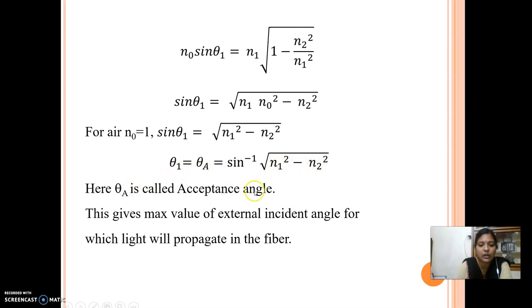So where theta A is called acceptance angle here. So numerical aperture is equal to sine of acceptance angle is equal to root of n1 square minus n2 square. This is the relation between the acceptance angle and numerical aperture. So NA will be equal to sine theta 1 is equal to root of n1 square minus n2 square.